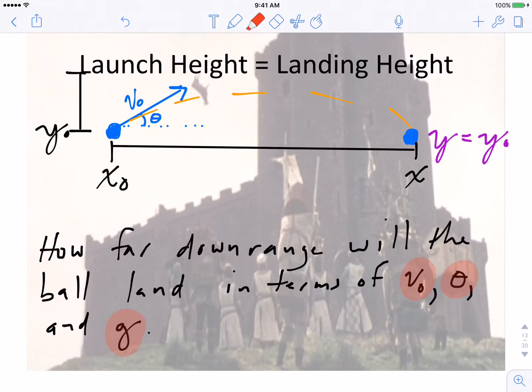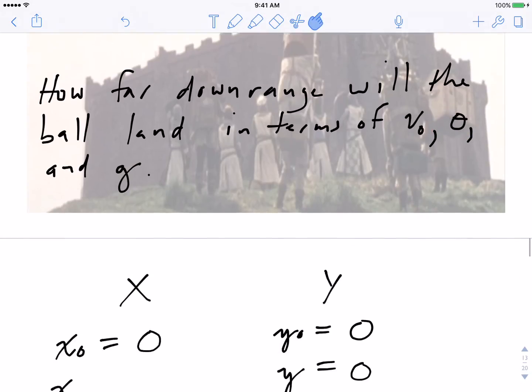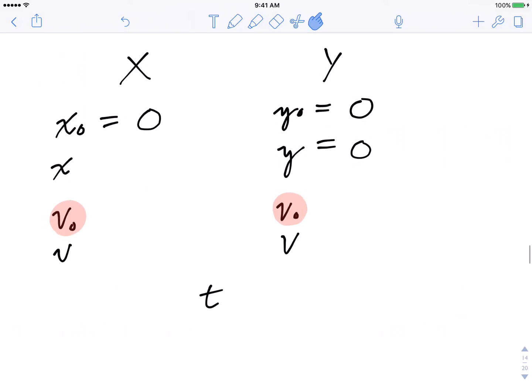So if I go down, I've broken stuff up into the x-axis and the y-axis. In this case, it makes the most sense to call x initial 0 meters, y initial 0 meters, and then because y final is the same as y initial, y final is also going to be 0 meters.